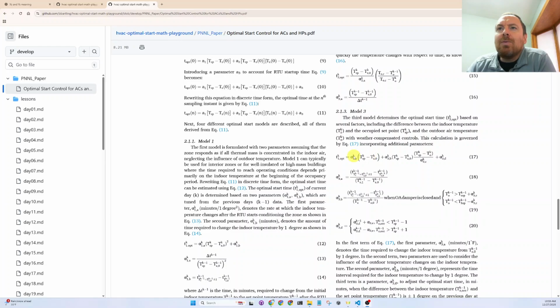This model takes into account outside air temperature as well, and we solve for 3 different alpha parameters again. So this model gets a little bit too complicated for the Niagara program object that I'm using, because there's no linear algebra libraries to do matrix algebra calculations.